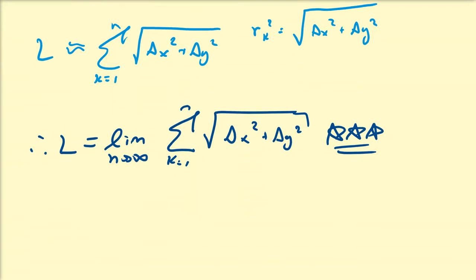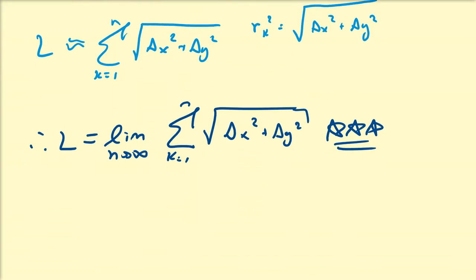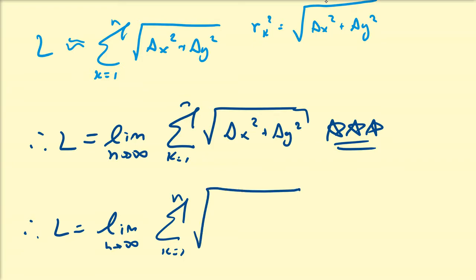But exactly what is this that we're looking at? We can rewrite this expression as the limit, as n goes to infinity, of the summation from k equals 1 to n, and we can factor delta x squared out of this expression. If I factor out delta x squared, that's going to be 1 plus delta y squared divided by delta x squared.